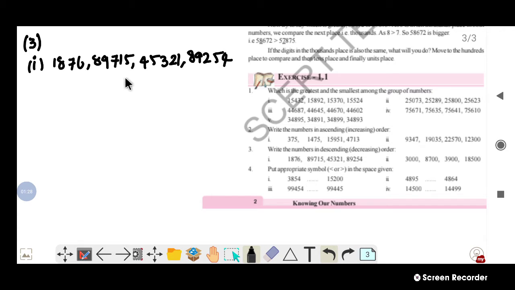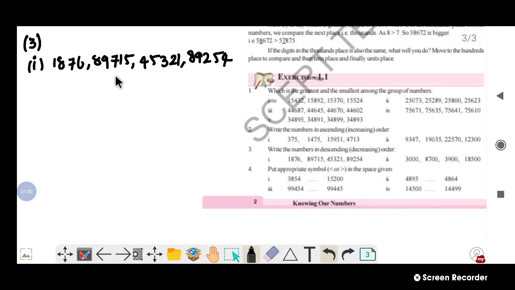So in these numbers, first of all I want to write in descending order. Descending order means big to small. First one is a 4-digit number, this is a 5-digit number, this is also 5-digit, and this is also 5-digit. The 4-digit number is the smallest one.